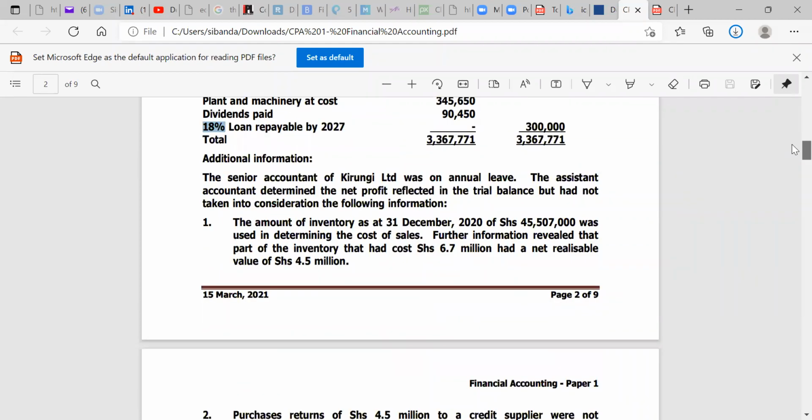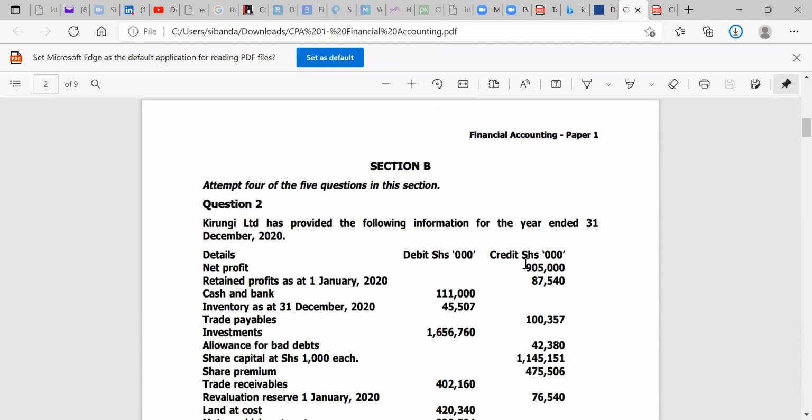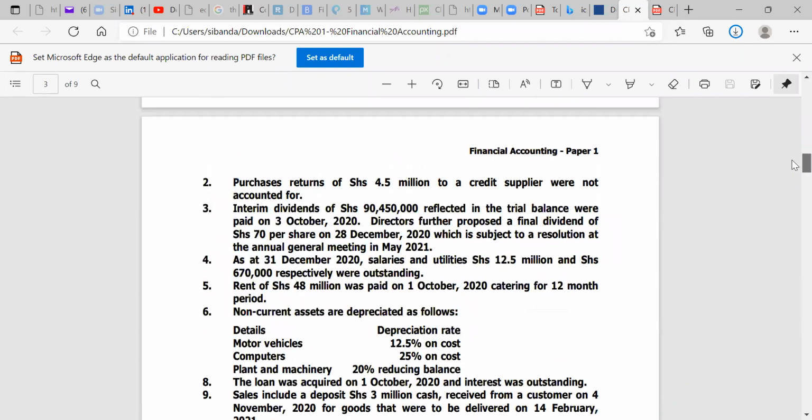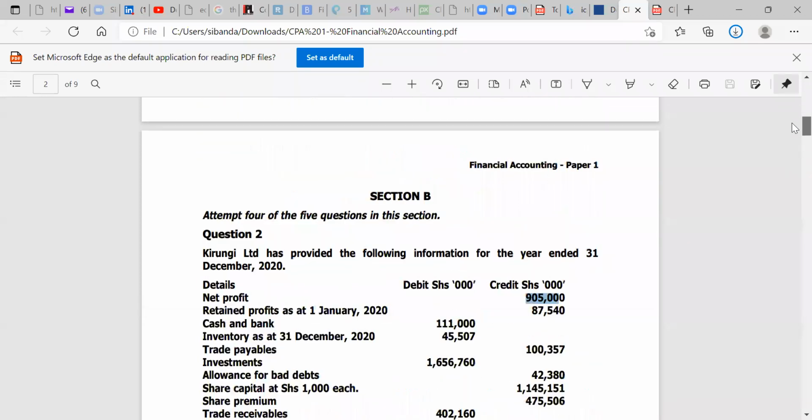So the question goes on to say additional information. The senior accountant of Kirungi Limited was on annual leave. The assistant accountant determined the net profit that is within here. So what they are trying to mean is that the senior, basically the junior accountant, this assistant accountant prepared a statement of comprehensive income and got this profit, because it is the statement of comprehensive income that gives you the profit.